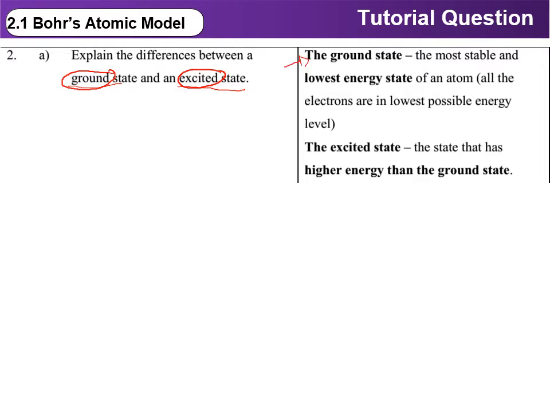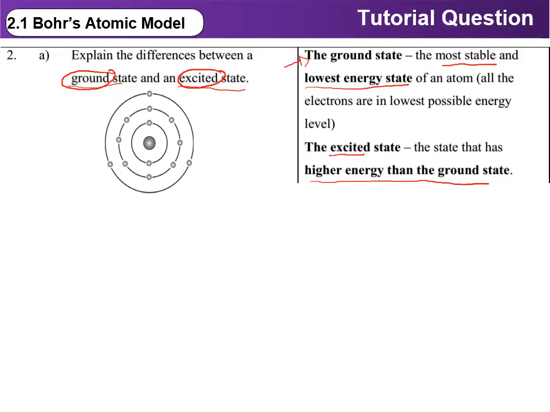The ground state is the most stable and the lowest energy state of an atom, while the excited state is the state that has higher energy than the ground state. So let's look at the structure of an atom again. In the middle here, this is the nucleus.